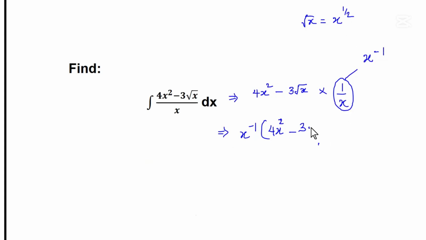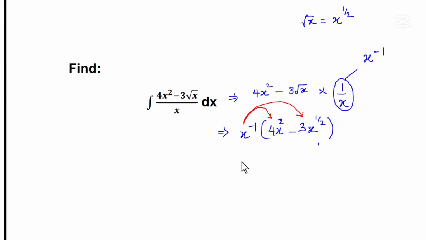So here we have x to the power of 1/2. Then close the bracket. To further simplify this expression, we now expand the bracket by multiplying the term outside by every single term inside the bracket.